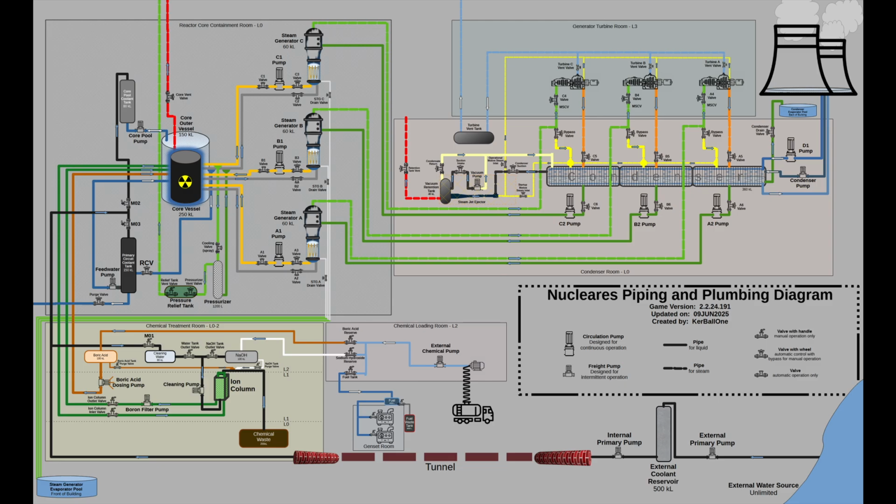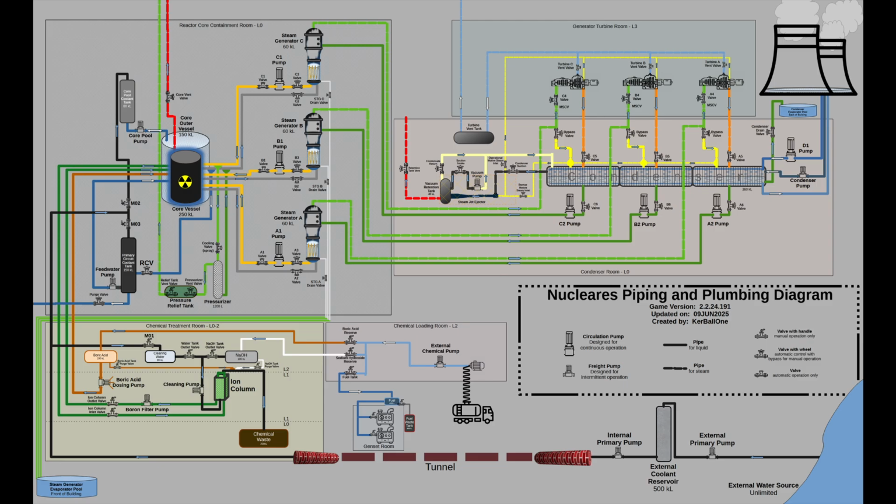So yeah, this is the nuclear power plant piping and plumbing diagram. So you have your reactor core containment room, which is L0, which is level 0. Then you have the generator turbine room, level 3.